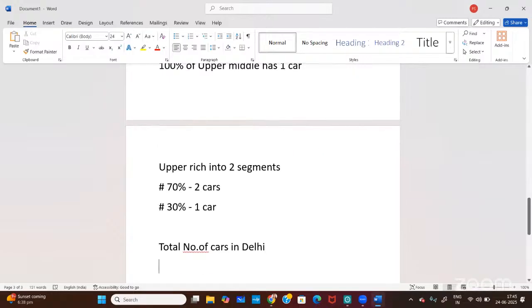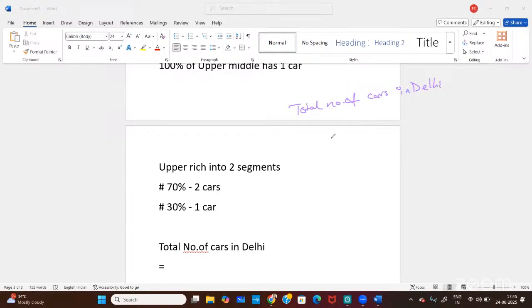So how do I calculate? We will be calculating with the formula. Total number of cars in Delhi equals number of households in upper middle.